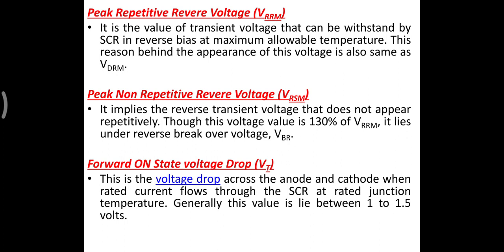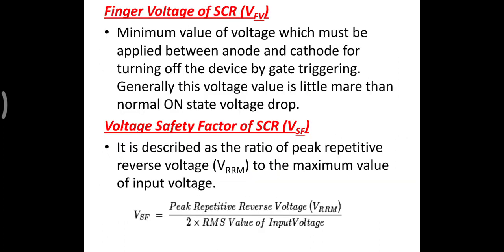After turn on, the full current is flowing through the SCR. At that time, the voltage drop across the SCR is considered the forward on-state voltage drop. Next, latching voltage of SCR.